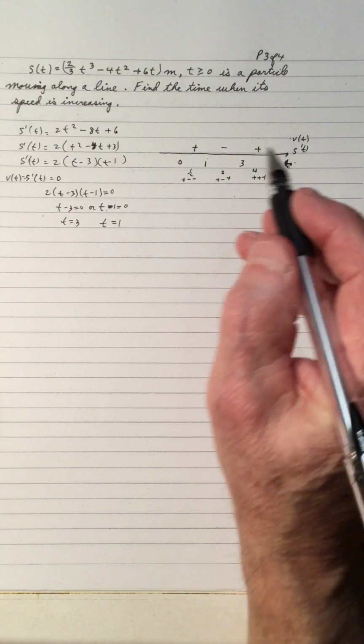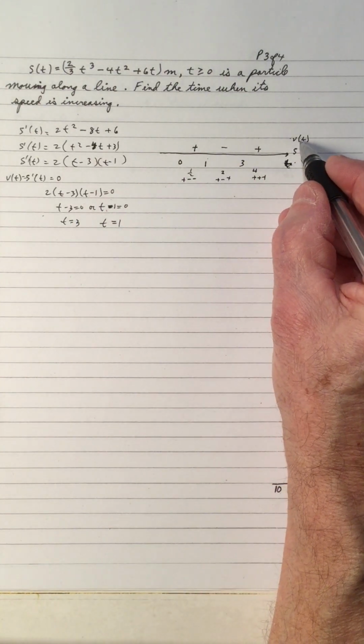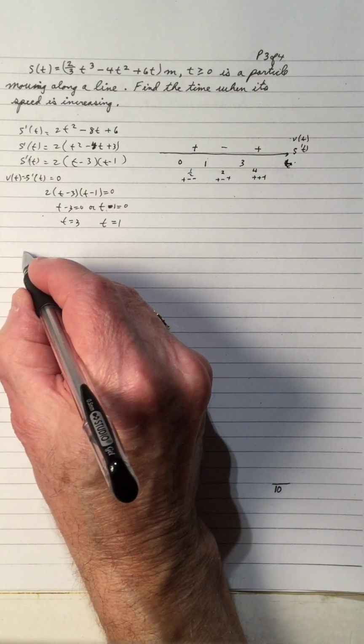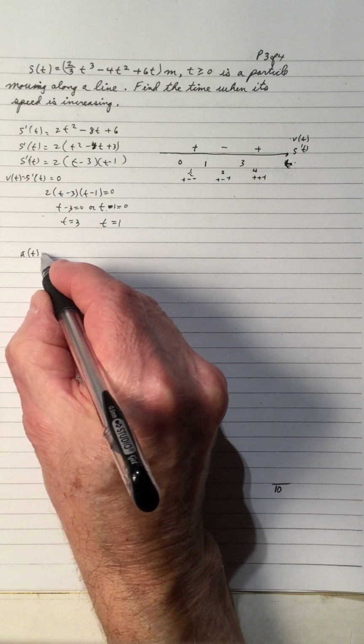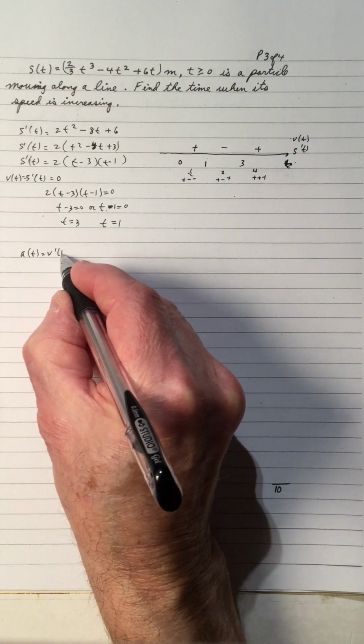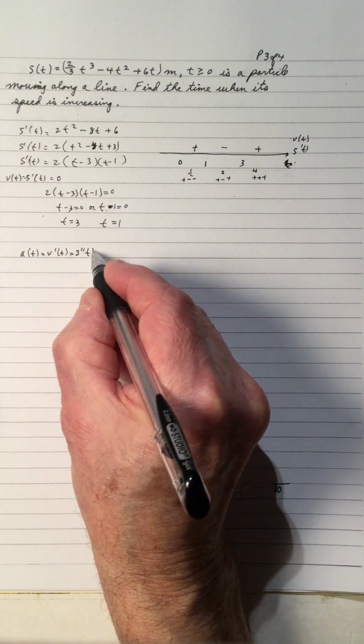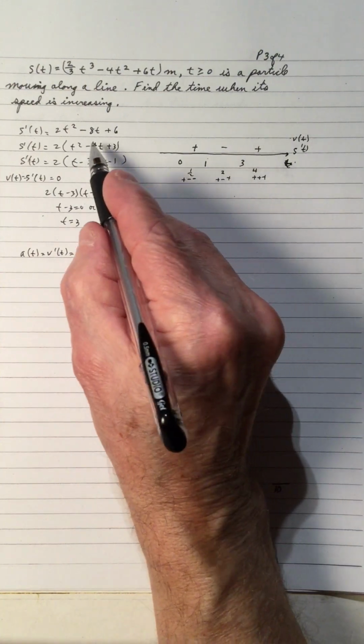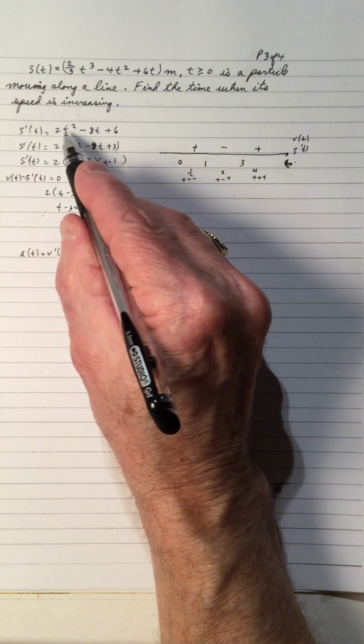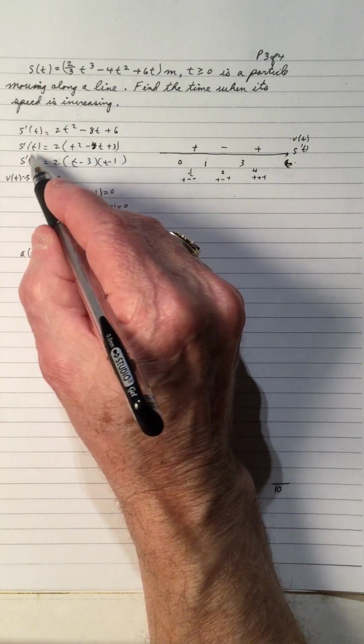Now that's the velocity. Let's look at the acceleration. The acceleration is the derivative of the velocity, which is the double prime of the position function. This is the single prime, the velocity.